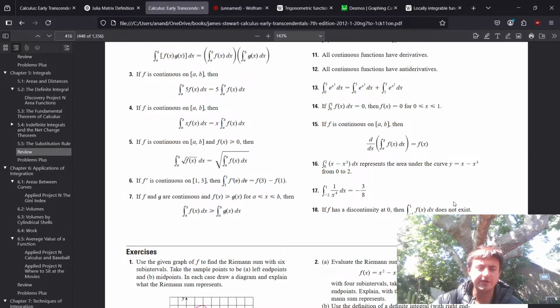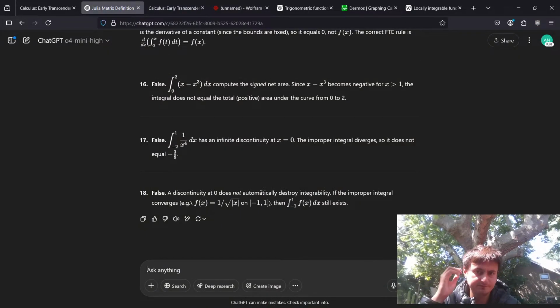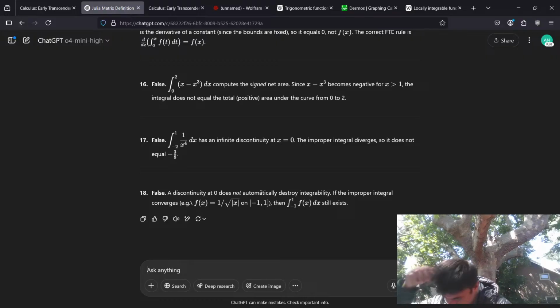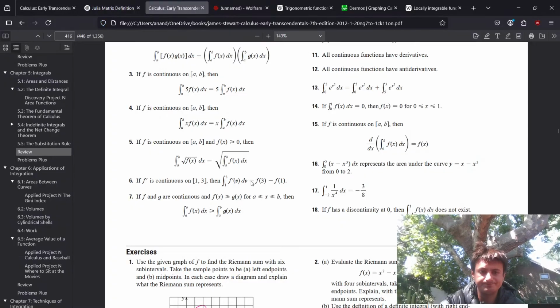You just can't have an infinite number of jumps. Because then you can just do it piecewise, I guess. All right. Well, that was good.